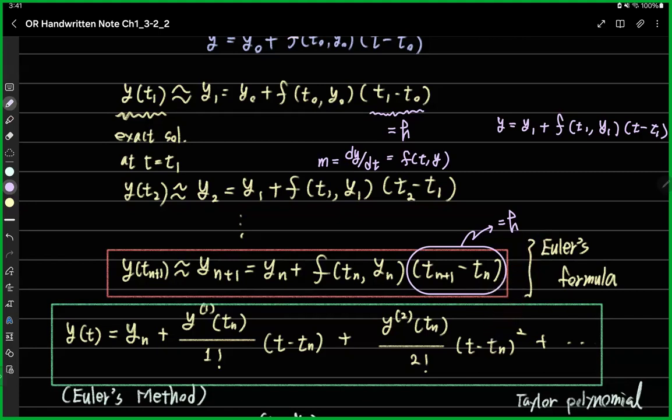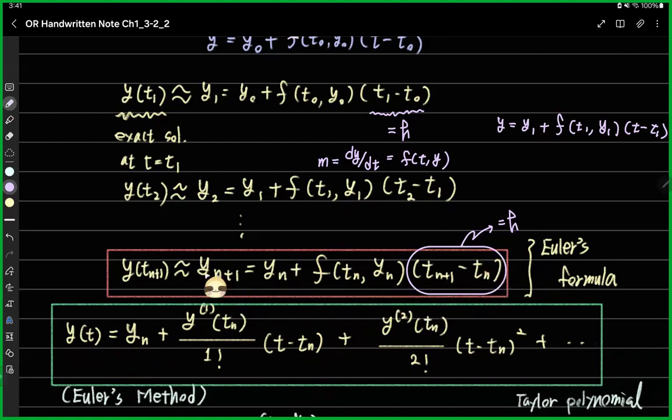Let's say this is the 0th term, this the first term. If you cut at the second term and evaluate at t equals t sub n plus 1, we get exactly the same as this.